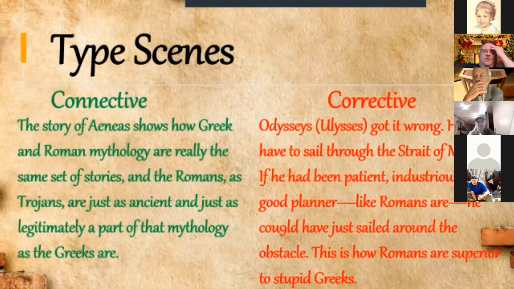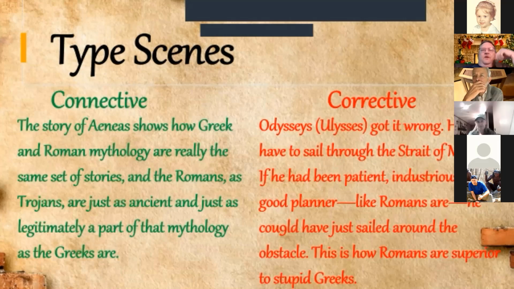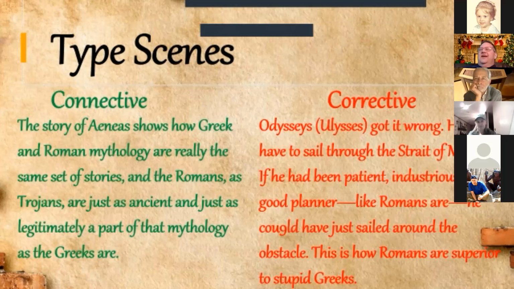So this is something that shows 2 different facets of typology. The connective and the corrective sense of typology. Connectively, the type scenes between the Aeneid and the Odyssey show that the Romans were all part of the same mythical context or sacred history as the Greeks were.